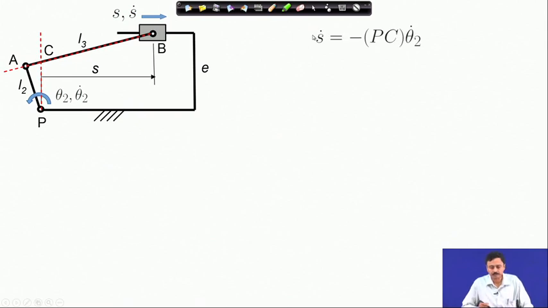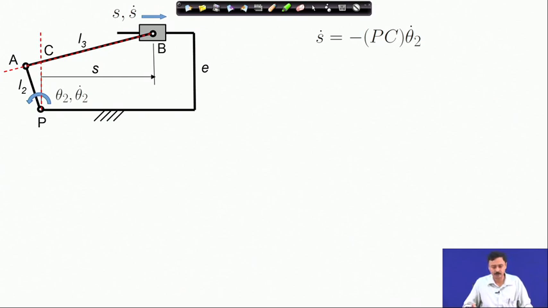So, what do we do? With the sign convention that I have taken, that theta 2 dot is counterclockwise positive, while S dot is positive to the right, I must write S dot is equal to minus the distance PC times theta 2 dot. This is what the point C stands for.